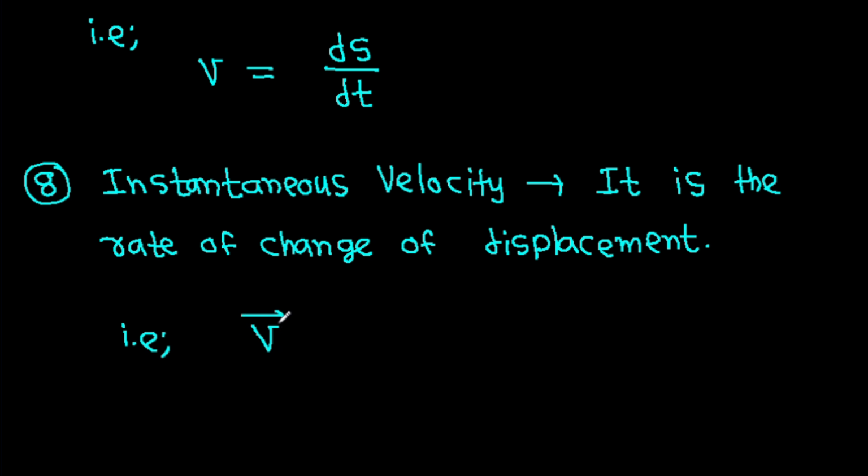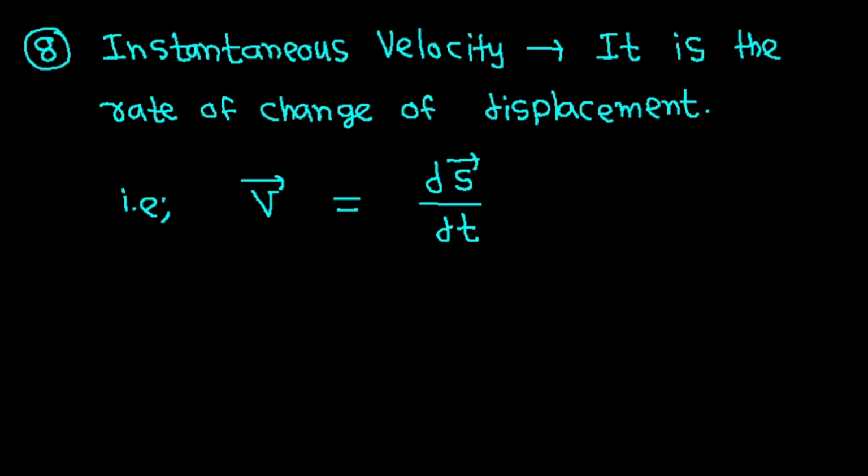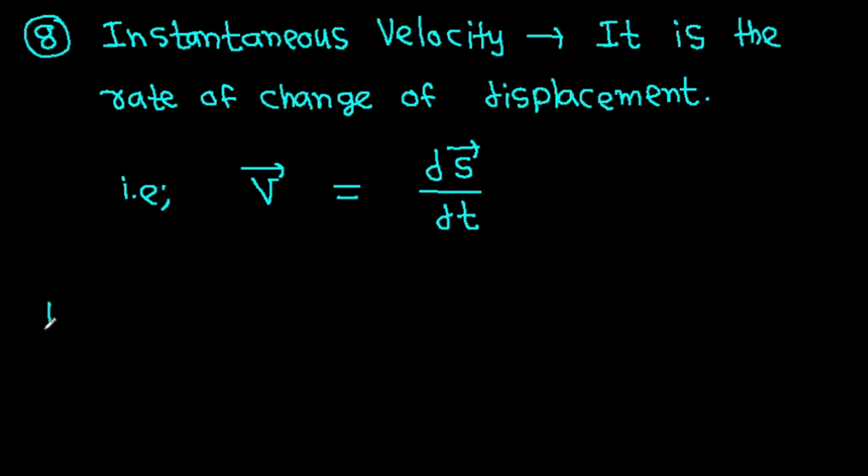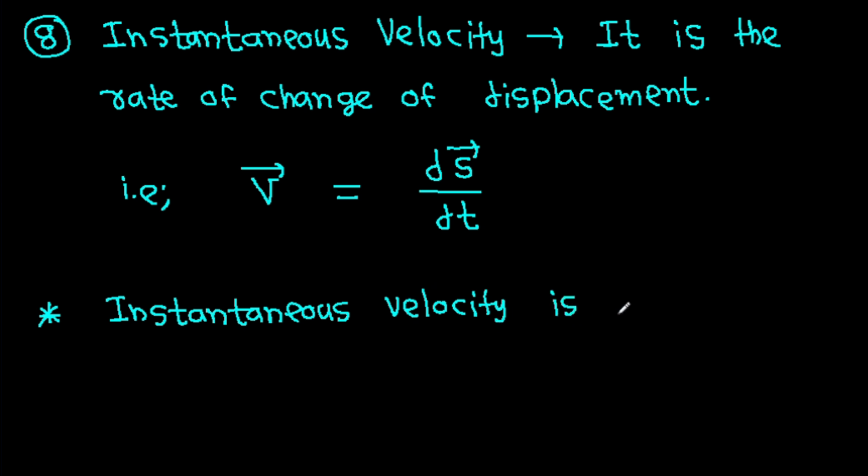Instantaneous velocity is the rate of change of displacement. Note that instantaneous velocity is a vector quantity.